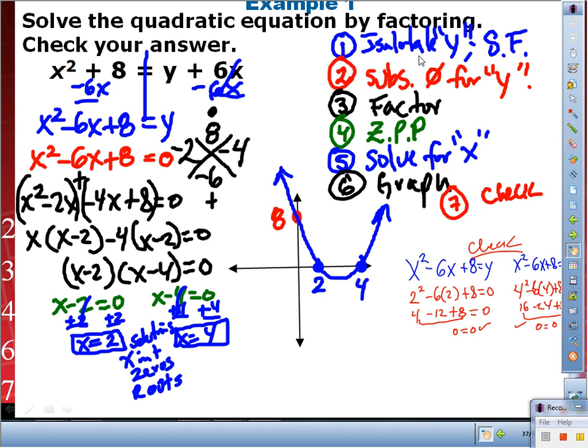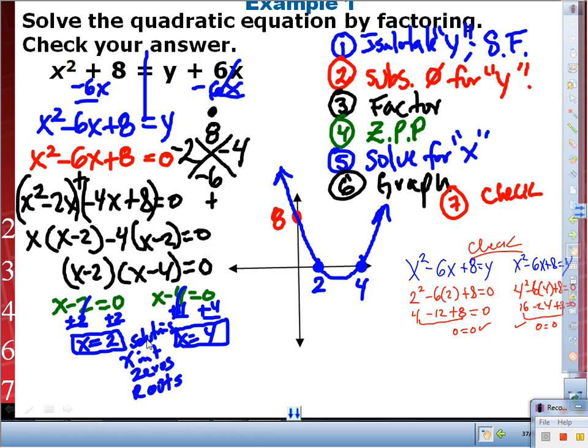Step 1 was to isolate y, or solve for y, and set it in standard form. Did we do that? Step 2, we need to substitute 0 for y. Why? Because we're solving, and that means that the y value has to be 0. Step 3, factor. We know all the process by now, by heart, and we stop right there. Step 4, ZPP. Yeah, you know me. So then we set each one of these equal to 0.